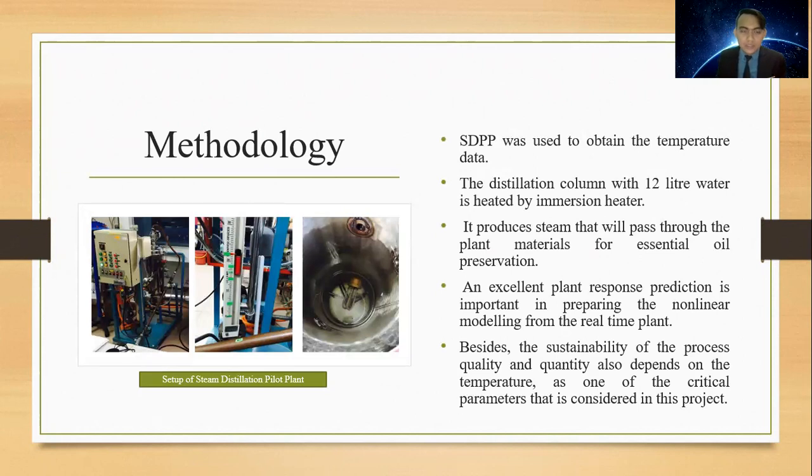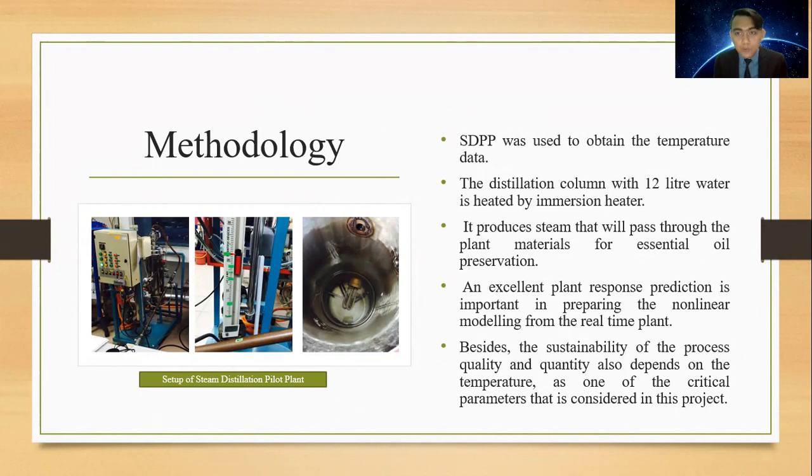So for the methodology, on the left side is the picture of the setup of the steam distillation pilot plant. The SDPP was used to obtain the temperature data. The distillation column with 12 liters of water is heated by an immersion heater.